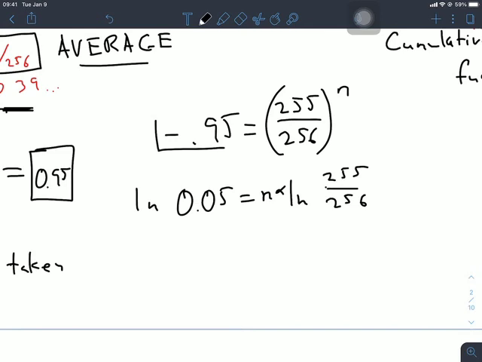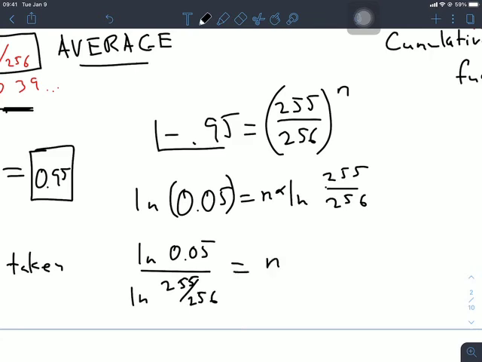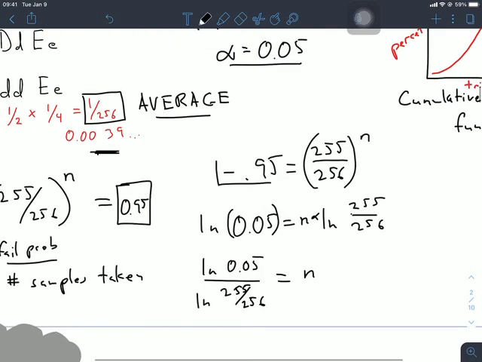You just got to make sure to remember to take the natural log of the left side as well. This will give you a situation where you can have natural log of 0.05 divided by natural log of the probability of failure, 255 over 256, is equal to our number of trials needed to get that success rate.